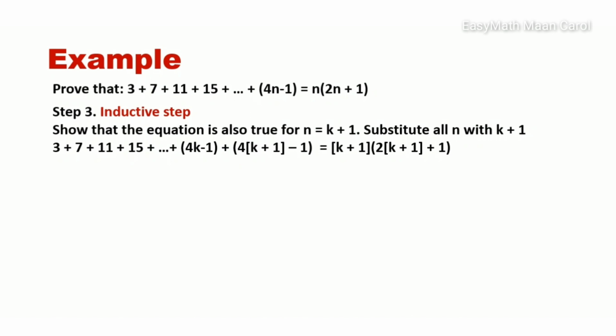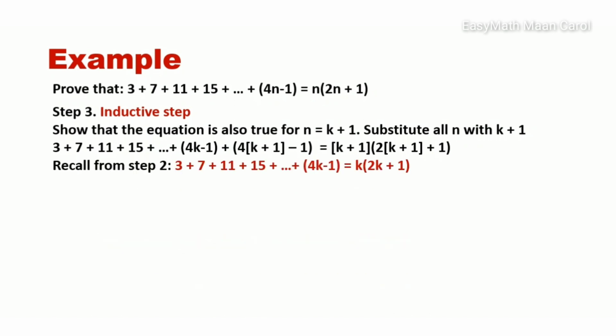Nadagdagan ng isang dulong term wherein yung n natin ay equal dun sa k plus 1. Now, on the right side of the equation, yung value ng n, papalitan na natin ng k plus 1, as stated earlier. So, magiging, naka-bracket siya, k plus 1 times the quantity 2 times the k plus 1 plus 1.